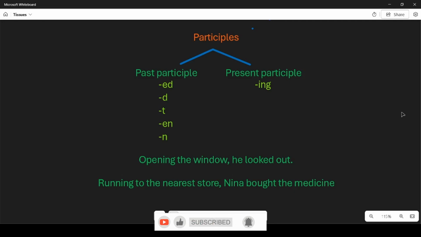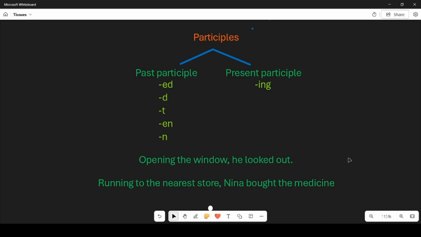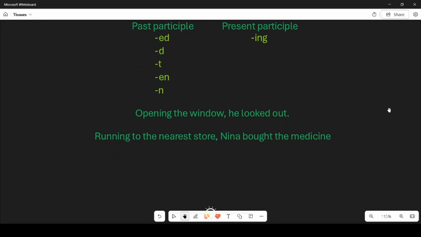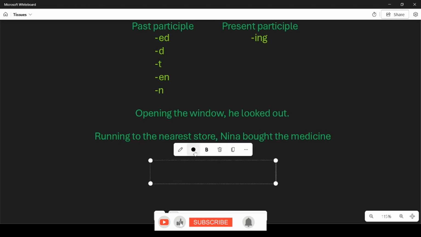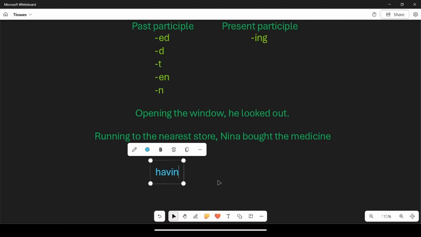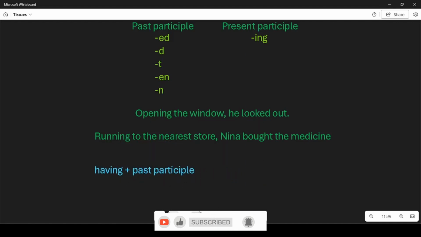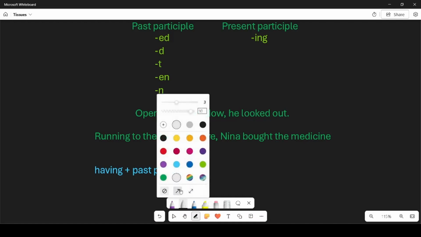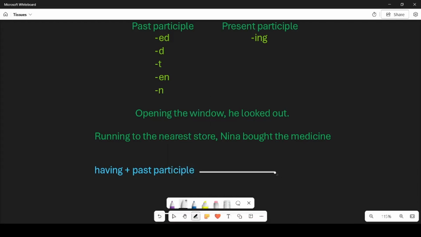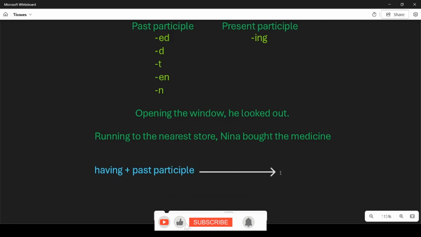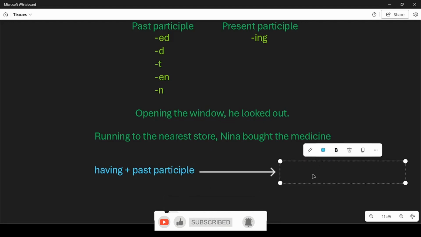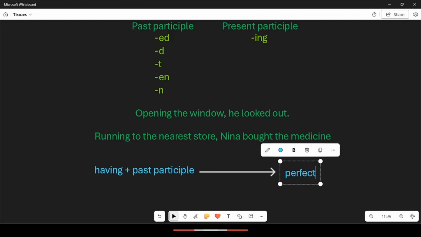So when we have having plus past participle, we have that. So this would become a present perfect participle.